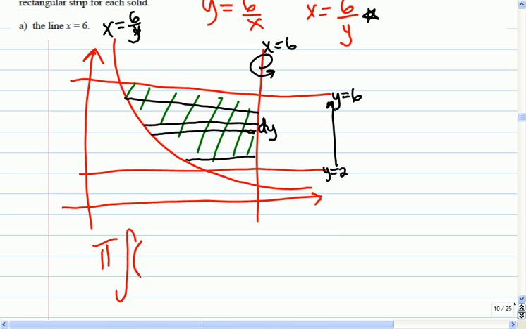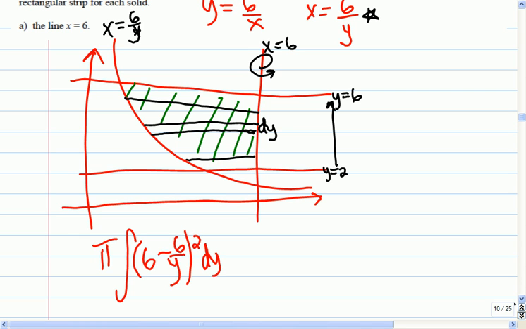So it's going to be 6, because now that I'm doing it with respect to y, larger stuff is on the right, smaller stuff is on the left. If I was doing this with respect to x, bigger stuff is on top, smaller stuff is on bottom. But now it's right and left, so I should end up with 6 minus 6 over y, all squared dy.